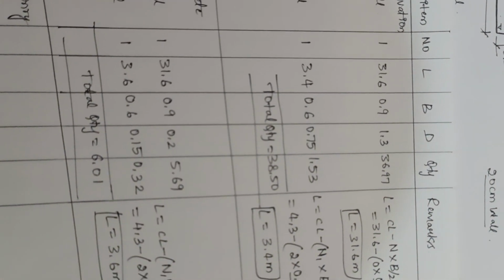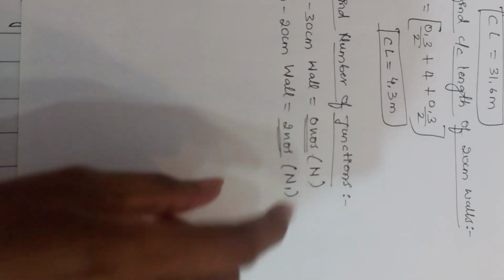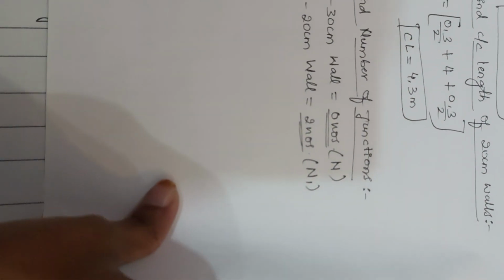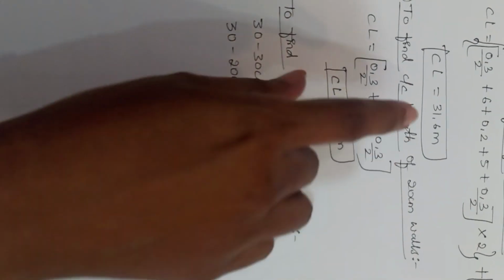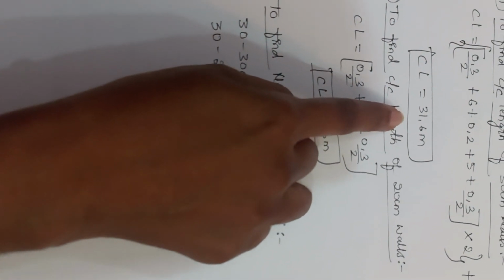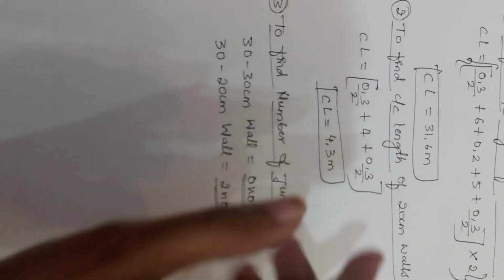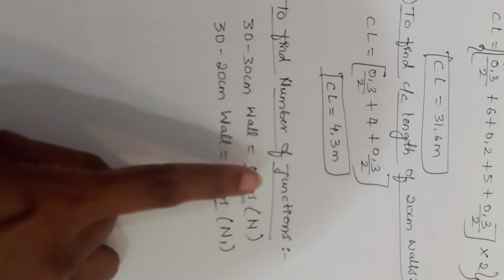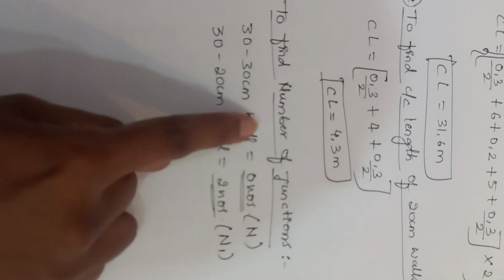Here in this case, as we are getting the value of n as 0, you need not put the equation. You can directly take your clear length of the 30 centimeter wall itself as the length of any item of work. Why? Because you are getting 0 junctions for 30 to 30 centimeter.